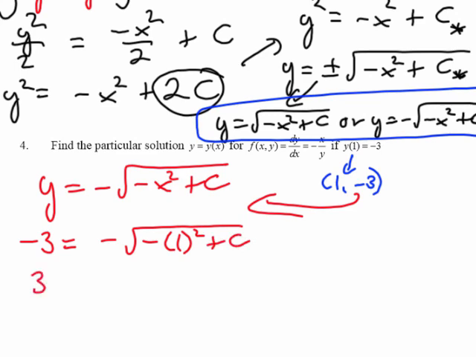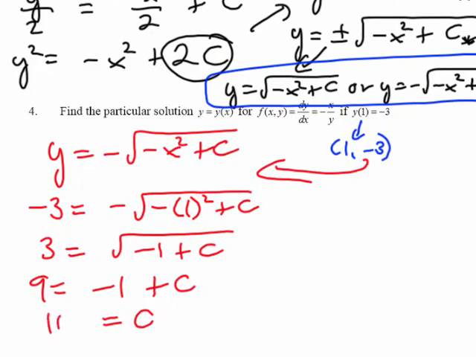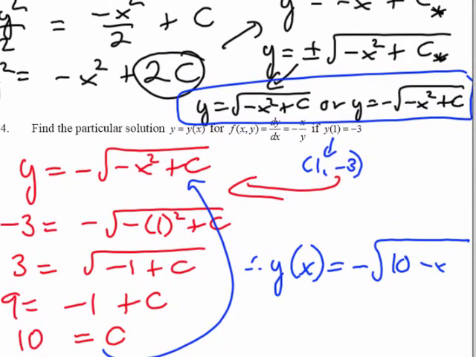Divide both sides by negative 1. Square both sides. And so my constant of integration is going to be 10. Substituting back means that my particular solution is the negative square root of 10 minus x squared.